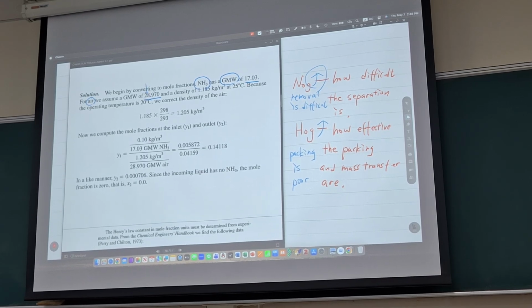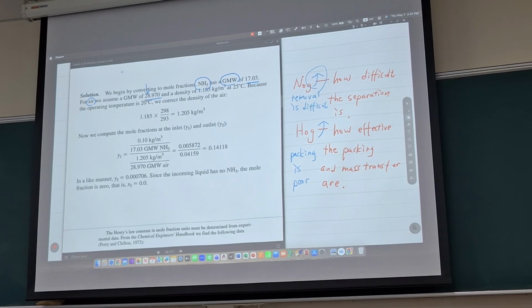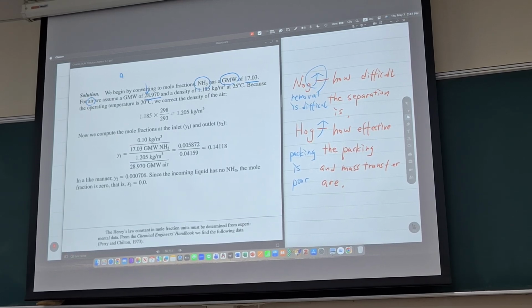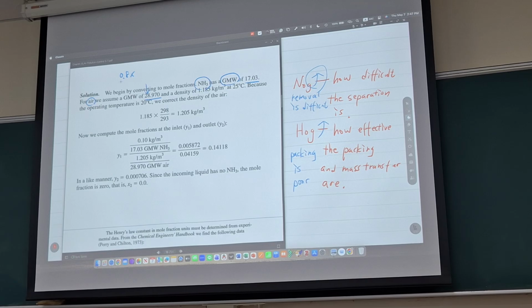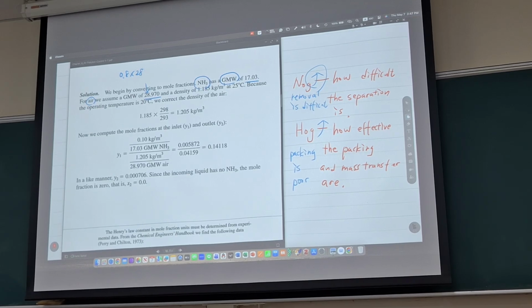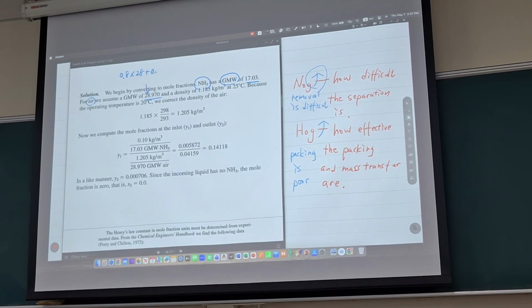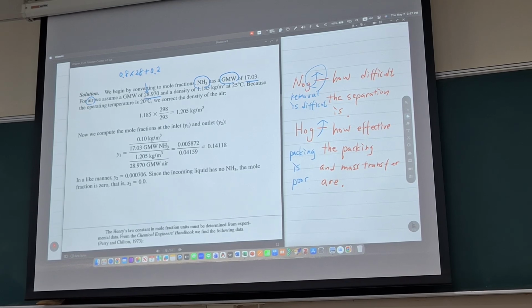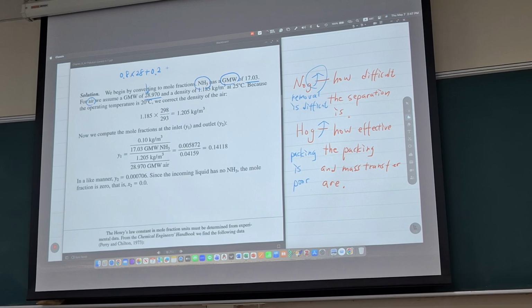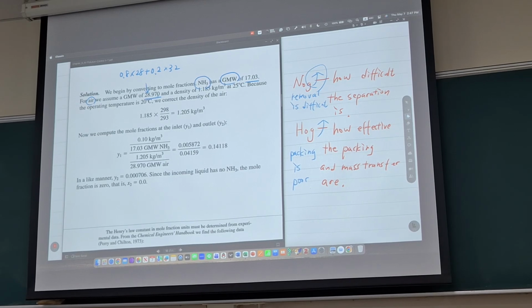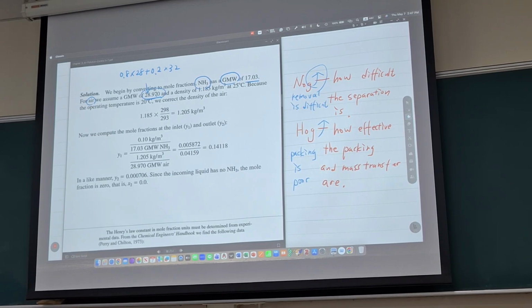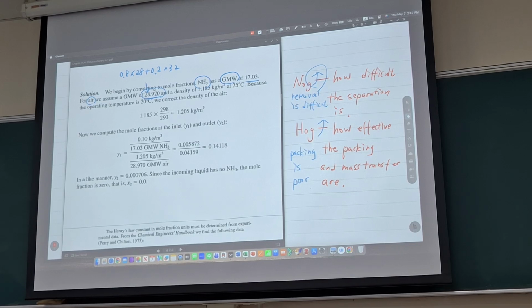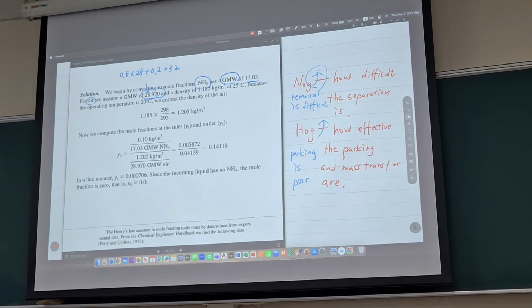We assume 80% nitrogen and 20% oxygen, so 0.8 times 28 plus 0.2 times 32. Then you will get something around this value. This is the molecular weight of air.